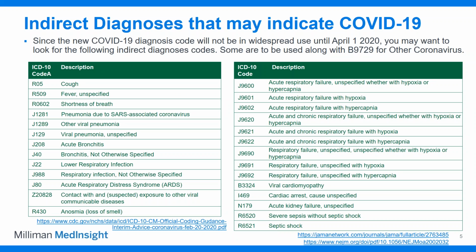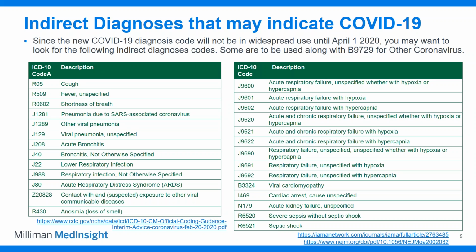This is a quick recap. You've seen this before, so those are indirect diagnoses. So a number of reasons you might want to do this. First of all, that direct diagnosis, the U071, is not out until April 1. There is always a little bit of ambiguity in the symptoms. It's a very varied presentation from patients. And then, quite frankly, there's some things that are not definitive.